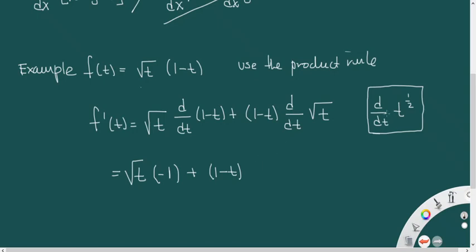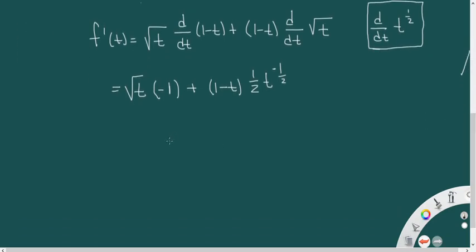So this is going to be 1/2 times t to the minus 1/2. This is a power. Square root of t times minus 1 is equal to minus square root of t.